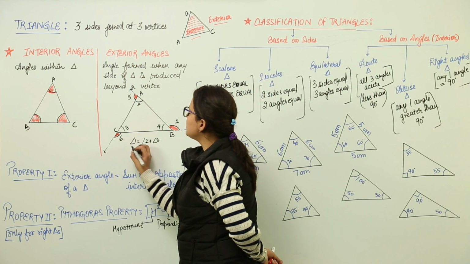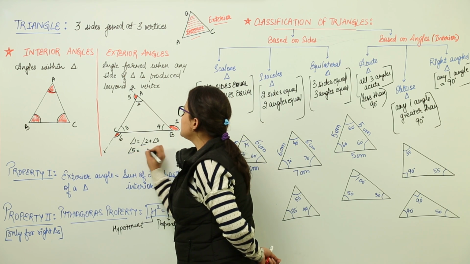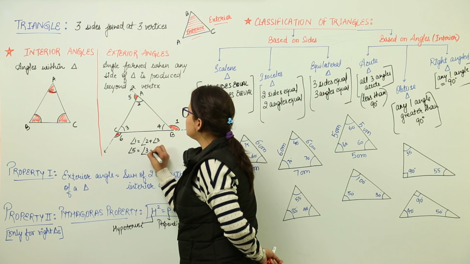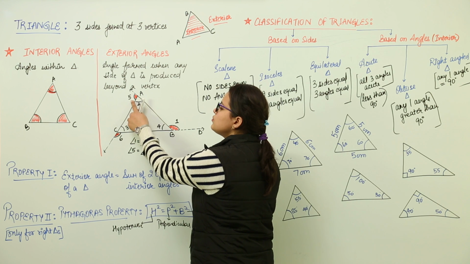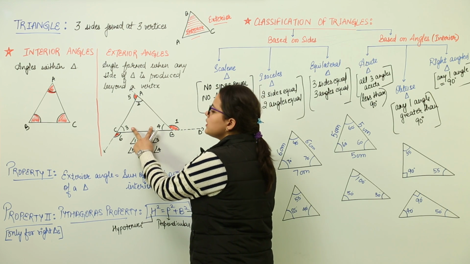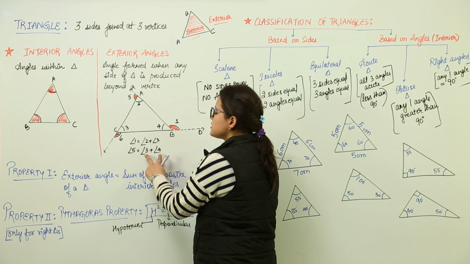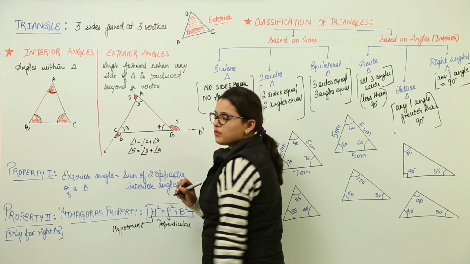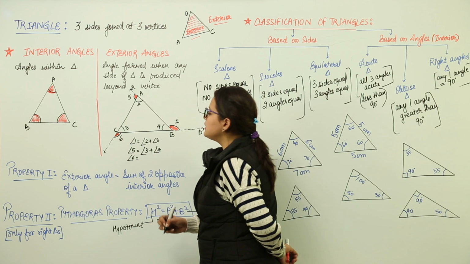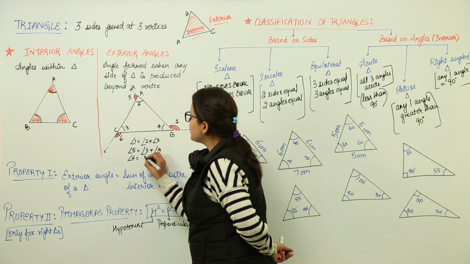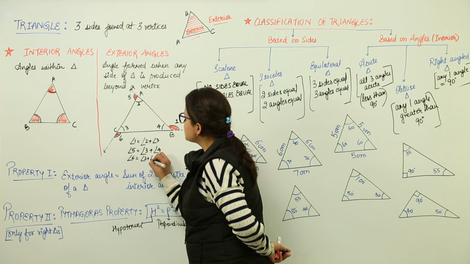Similarly, for angle 5, this would be equal to the sum of angle 3 and angle 4, because for angle 5 the two opposite interior angles are 3 and 4. So 3 and 4 summed together will give you the measurement for angle 5. And similarly for the third exterior angle, angle 6, you are going to get the sum of 2 plus 4.